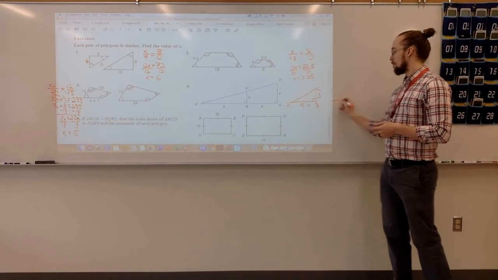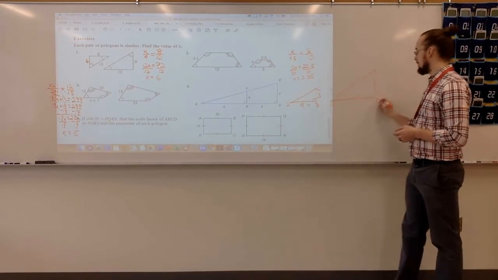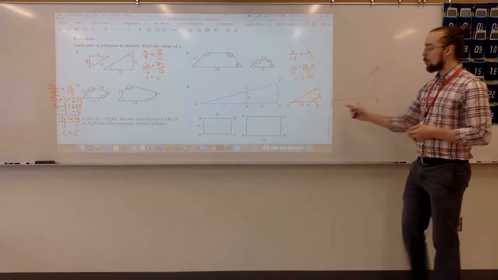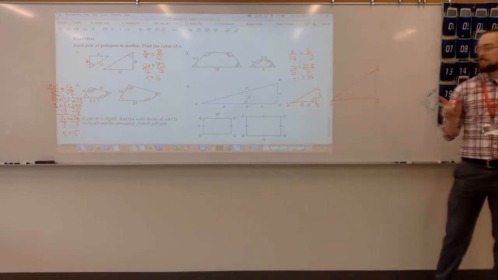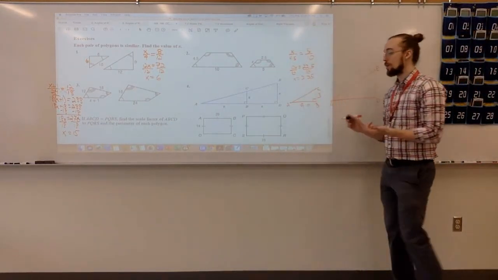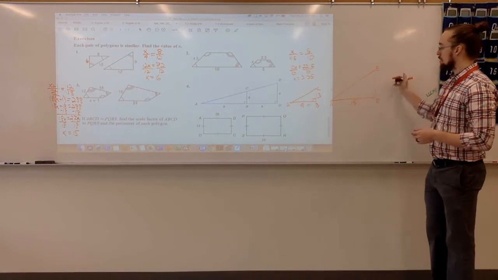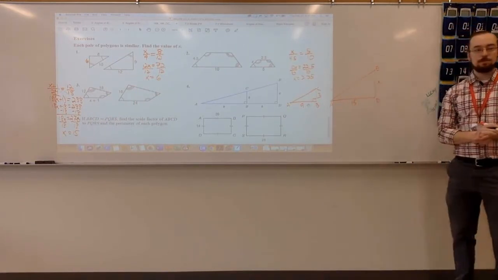Then if I draw my larger triangle, which is ADE, what's the entire length of AD? 15, right? It would be 9 plus 6. So the length of AD is 15. And then DE is just X.